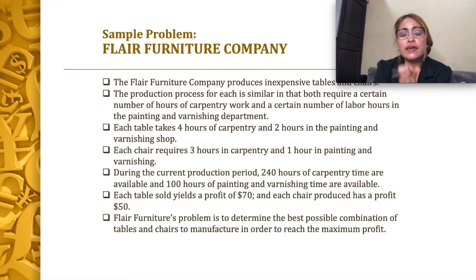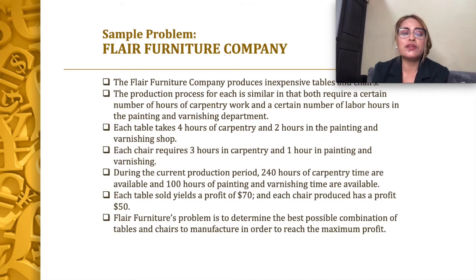Now, each table takes 4 hours of carpentry and 2 hours in the painting and varnishing shop. Each chair requires 3 hours in carpentry and 1 hour in painting and varnishing. During the current production period, 240 hours of carpentry time are available and 100 hours of painting and varnishing time are available. So take note of that.